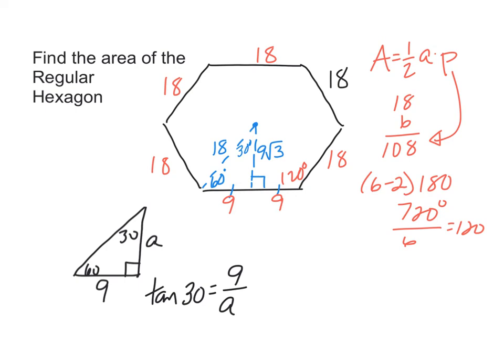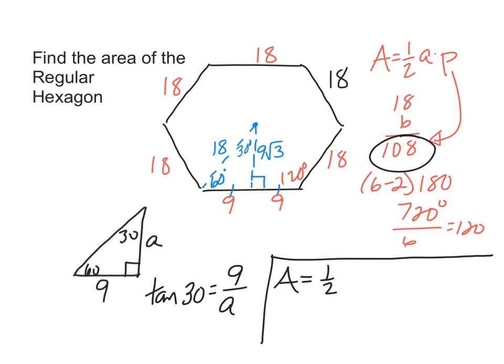Alright, so anyways, let's get back to the task at hand. Since I get a lot of stuff written here, let me draw it over here. So I know a lot of stuff here. I know that my perimeter is 108. We figured that out up there. I know my apothem. My apothem is 9 root 3, so I can leave it at 9 root 3 if I want, and I'm going to, just to make life easier. If you change that to a decimal, no big deal. And so I'm just going to multiply these things.